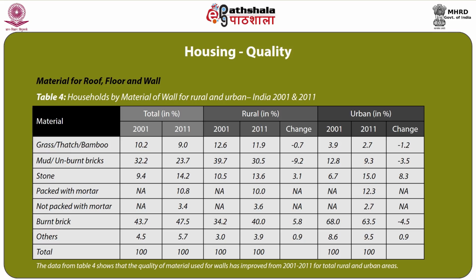In case of urban areas, the change is more prominent in case of stone, that is in 2001 it was 6.7%, in 2011 it has increased to 15%, that is a change of positive 8.3%. Overall, the data from table 4 shows that the quality of material used for walls has improved from 2001 to 2011 for total rural and urban areas.